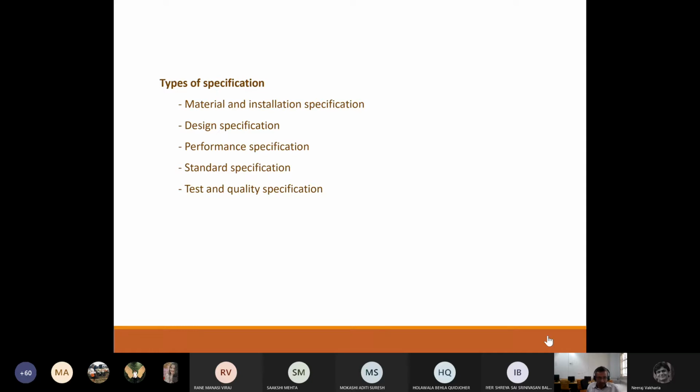That's the performance specification. Then there are standard specifications that are given in the NBC, very standard specifications that may go with the idea of the first, material and installation specification. And test and quality specifications are used largely for technical and specialized areas where you actually test the quality. This is like for road works.